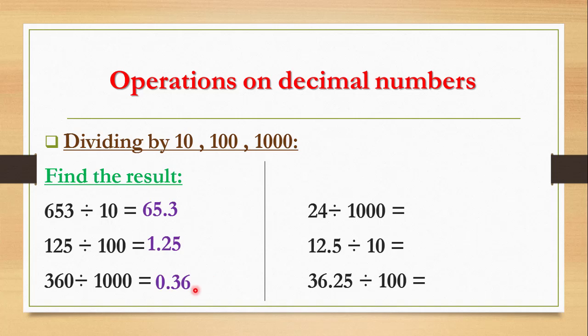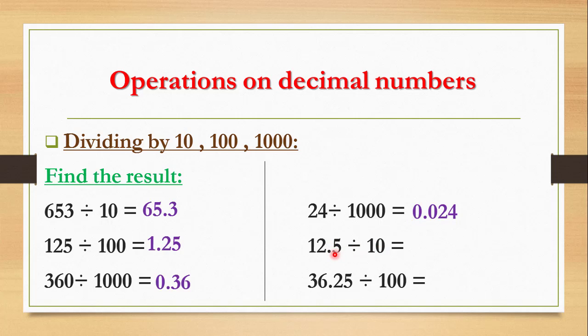Of course, the 0 on the right in the decimal places, we can erase it. It has no value. Here 24 divided by 1000, I have 3 zeros, but I have only 2 digits here, so I'll add 0, then the point, and 0, and the whole number.